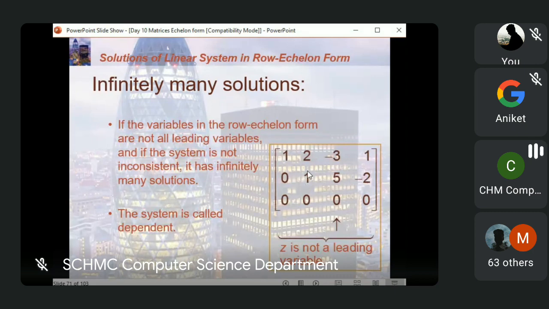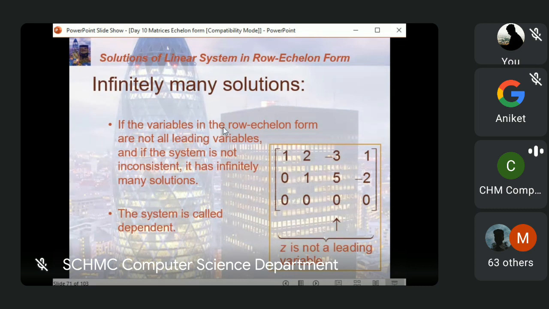If I have 1 in the second row, second column, my y variable still exists. But when I get 0 equal to 0, I will not be able to get the value of z. 0 equal to 0 simply says that the coefficient of the leading variable z is 0.